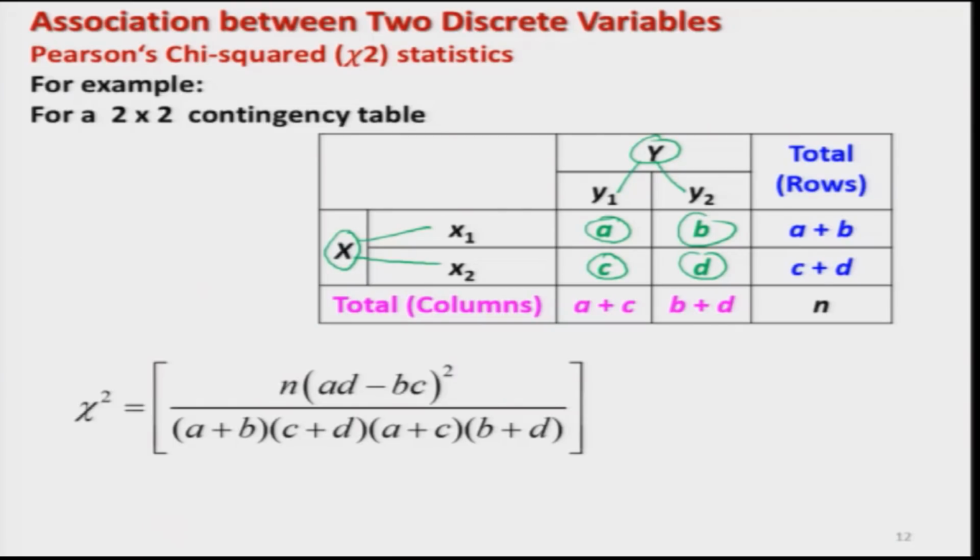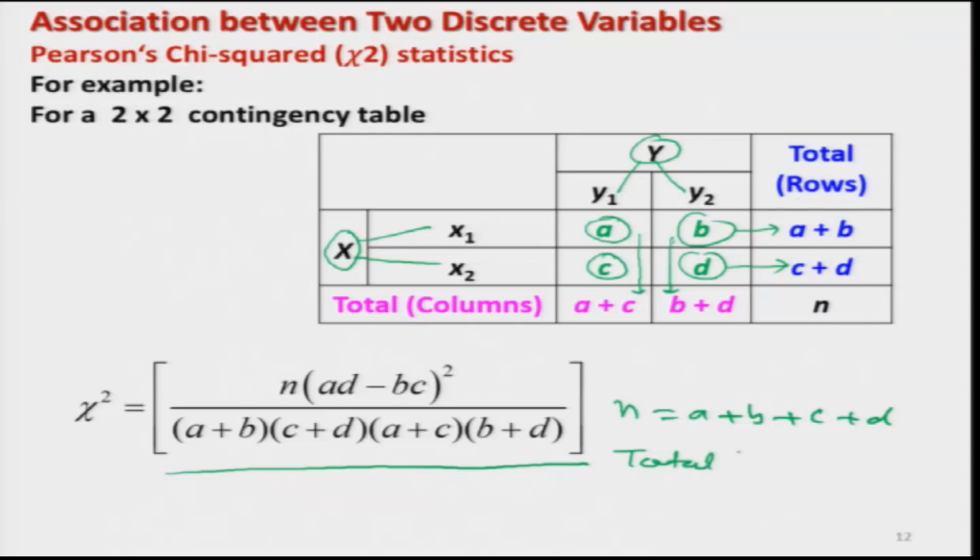Now if you find the sum of rows, which is the marginal frequency, this will come out to A plus B, and similarly the marginal frequency of the second row corresponding to x2 is C plus D, and the marginal frequency with respect to the first column is A plus C, and with respect to the second column y2 is B plus D. In this case, if you substitute all the values inside this chi-square statistic, it will simplify to this expression, where obviously n is equal to A plus B plus C plus D, indicating the total frequency.